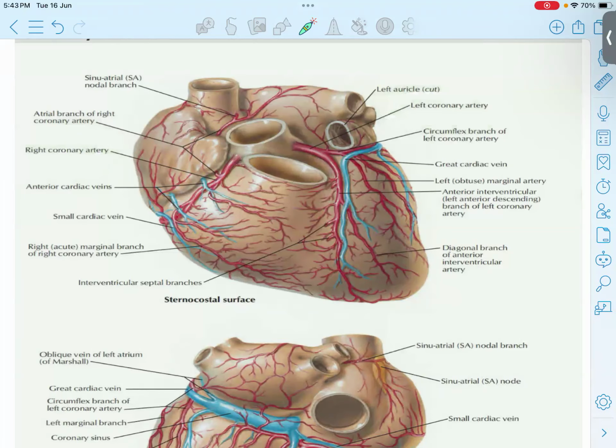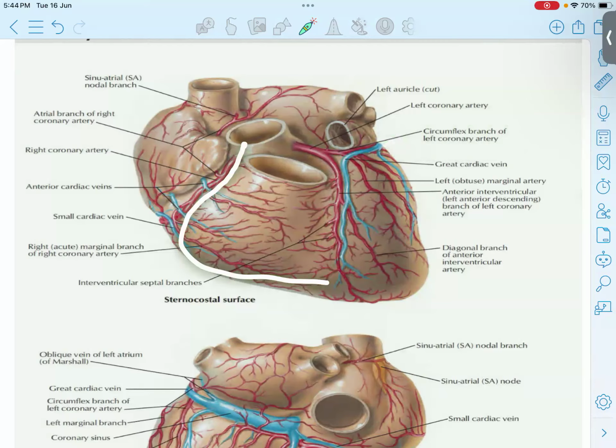See here, the right coronary artery will go some distance and then give a branch. But the left coronary artery will give branches at the very first. One branch is the circumflex branch of the left coronary artery and one will be the anterior interventricular branch of the left coronary artery.